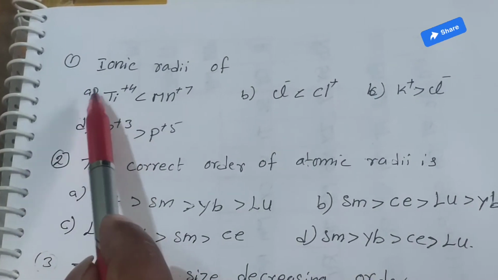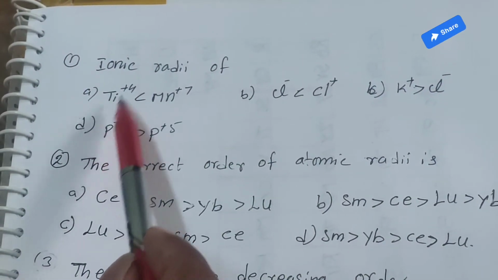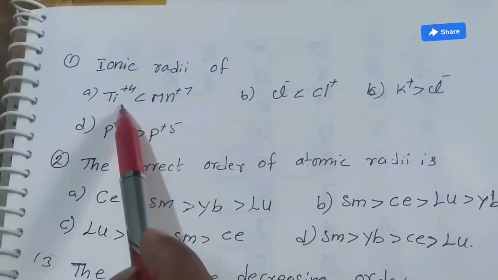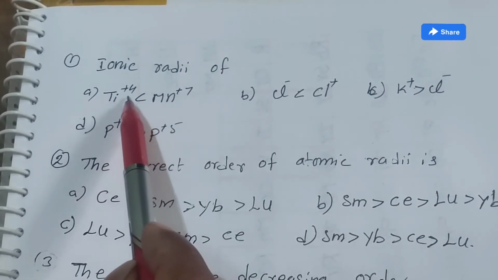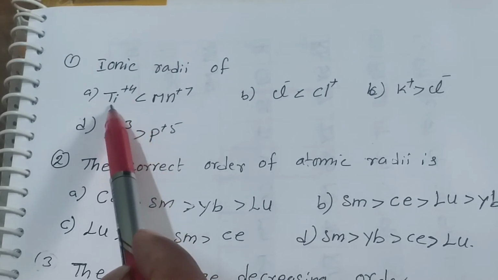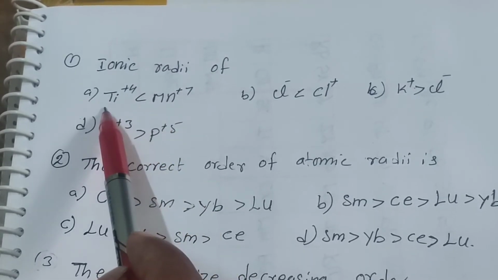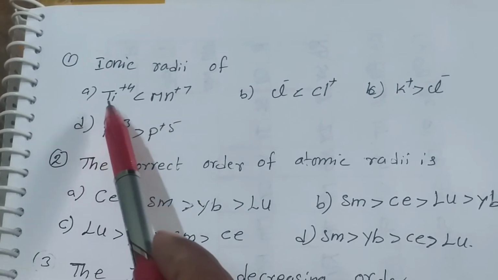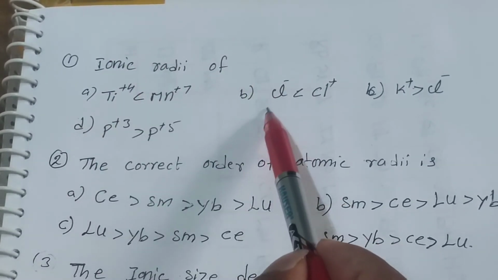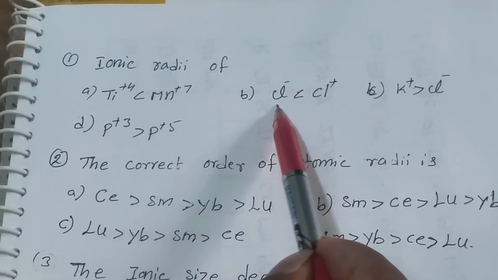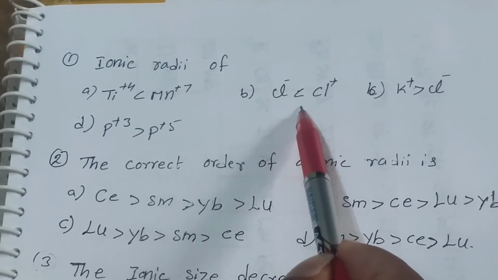So here the ionic radius order: Ti4+ is less than Mn7+. Actually Ti4+ is the bigger one, as it has less positive charge, but both have 18 electrons. So the first option is wrong. Cl- and Cl: Cl- is bigger than Cl, so that is also wrong.